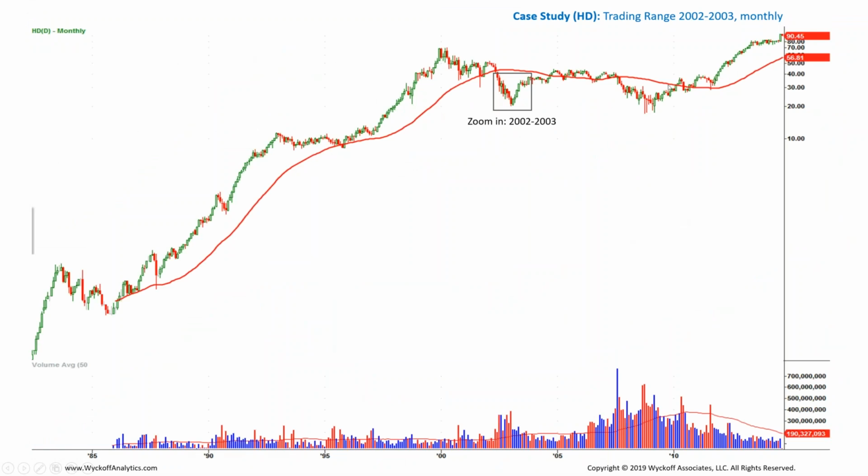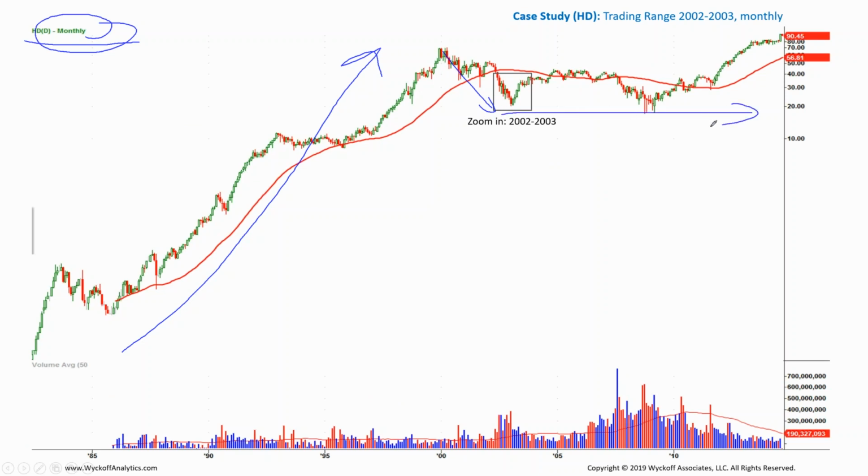So in this case study, we're going to look at different spots in the trading range. We had a very, very big uptrend on the monthly chart for Home Depot. Then we had a significant change of character. And please note that even on the monthly charts, you could see how the change of character produces the trading range relative to the distance of that change of character.